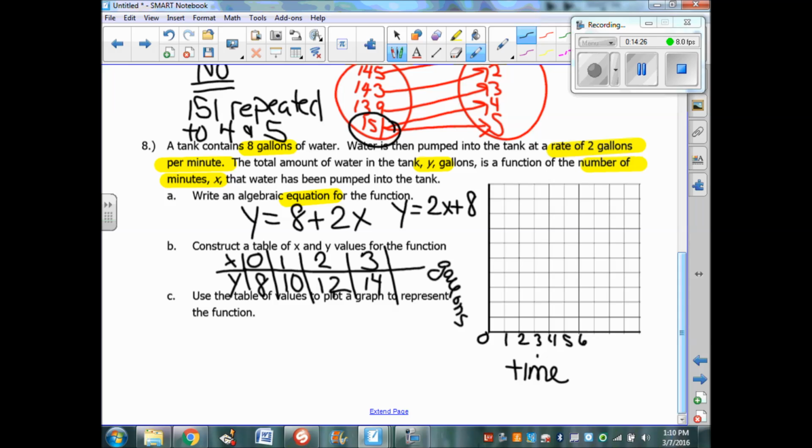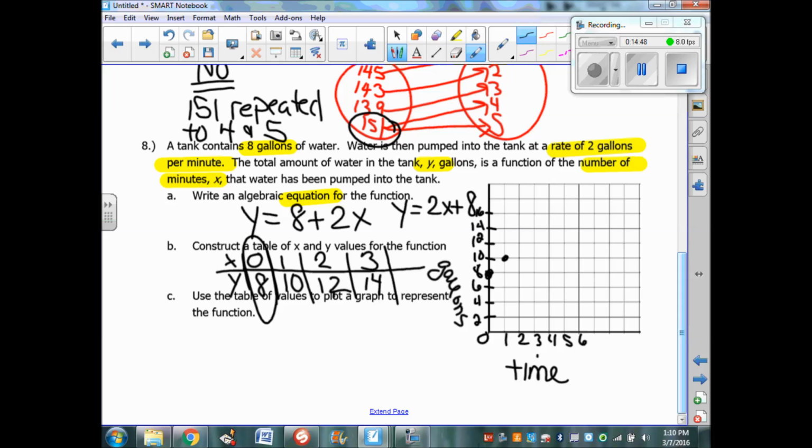And I'm going to count by 2s, 2, 4, 6, 8, 10, 12, 14, up to 16. So we started out, my y-intercept is 0, 8. There's my starting point. And then after 1 minute, I have 10 gallons.